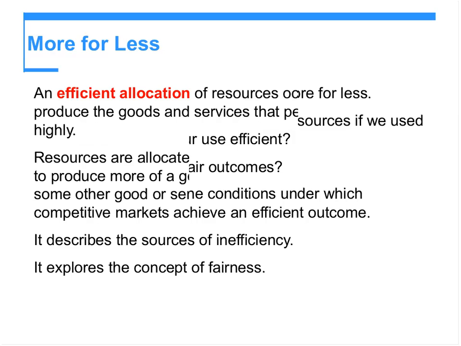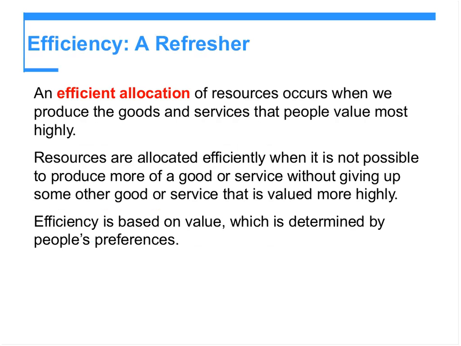So let's go one by one and try to see what does it mean, any of those keywords that we just mentioned. The first one will be efficiency. An efficient allocation of resources occurs when we produce the goods and services that people value most highly.